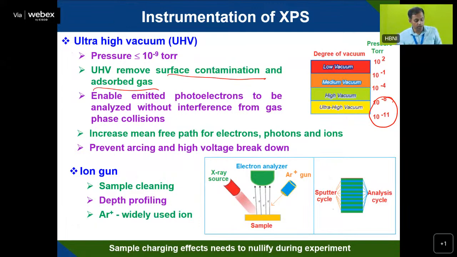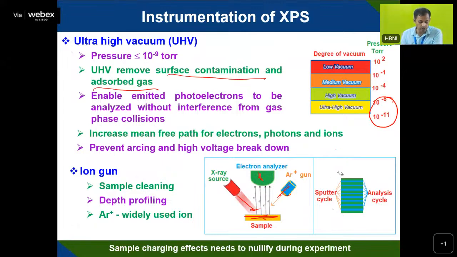And there is an ion gun in the X-ray photoelectron spectroscopy. Here you can see you have argon, the X-ray source is coming here, the sample is lying here, and you have an electron analyzer here, and the argon source, that ion gun, which you can use for sample cleaning, as well as, if you have a layer by layer structure, for depth profiling by drilling holes.